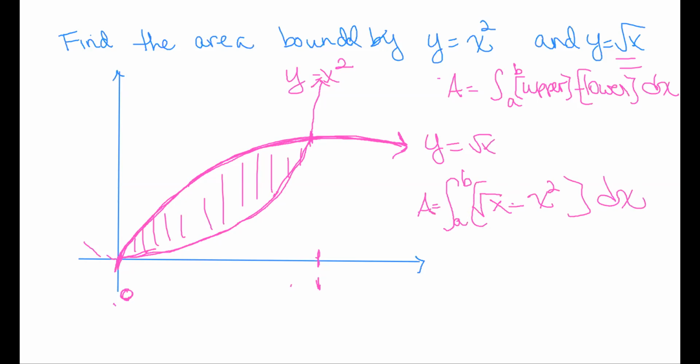And instead of from a to b, I should be putting, because I see that they cross at 0 and 1, 0 and 1.